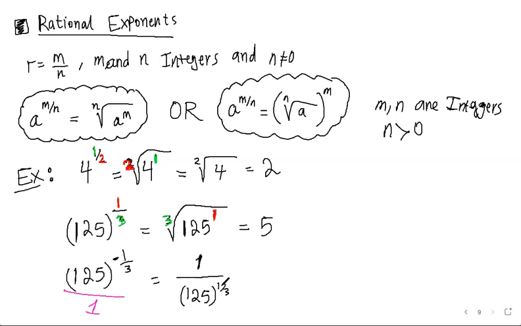And 125 to the power 1/3, I solved it in the second one. It equals 5. So the answer is 1 over 5.